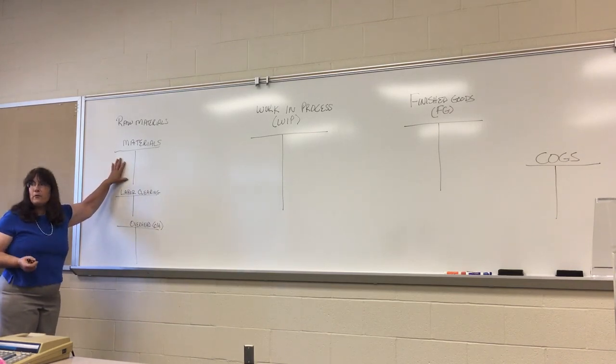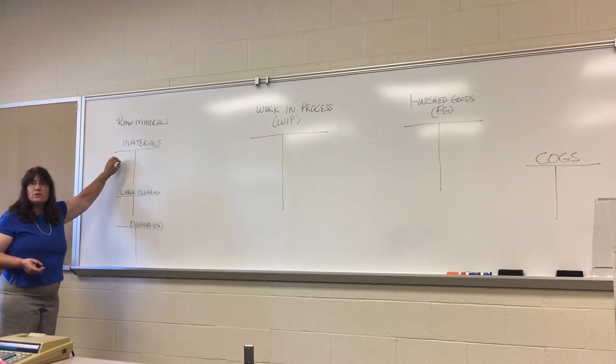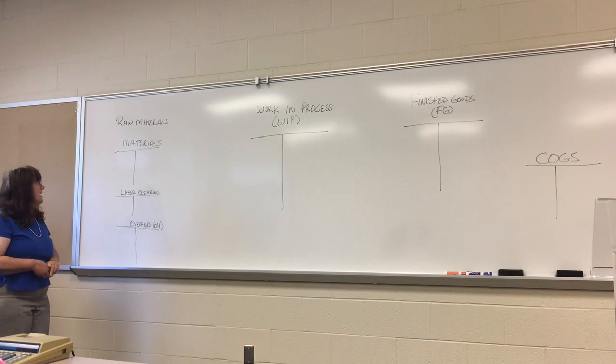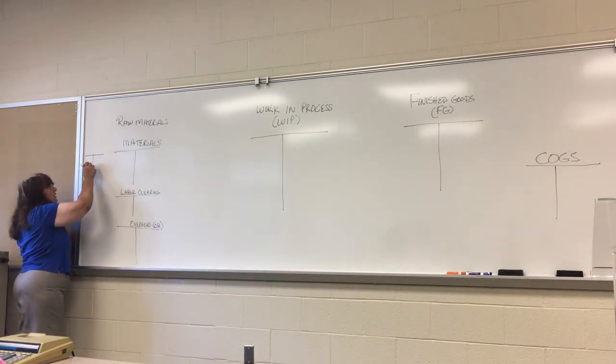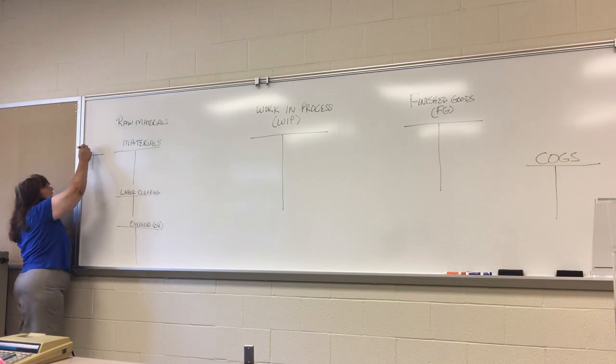How many 2x4s do you have versus how many 1x4s versus how many shingles do you have? You're not going to be able to just look in the materials account. That's just the total dollars of all the materials. So we have to keep a separate ledger for each one.